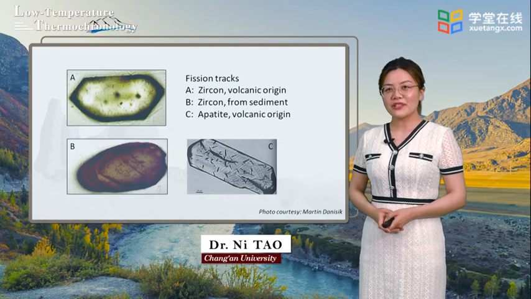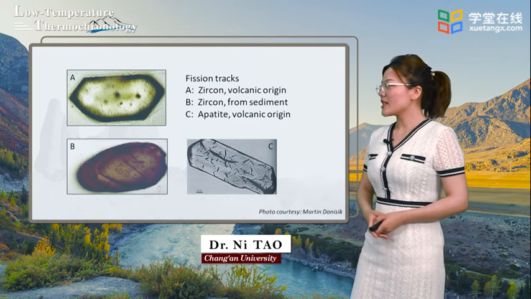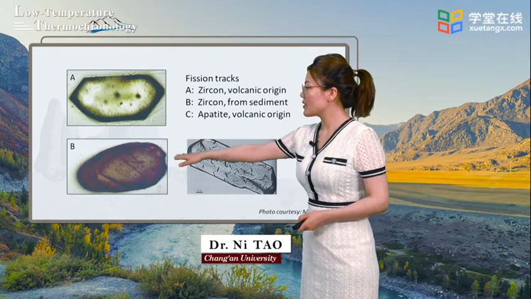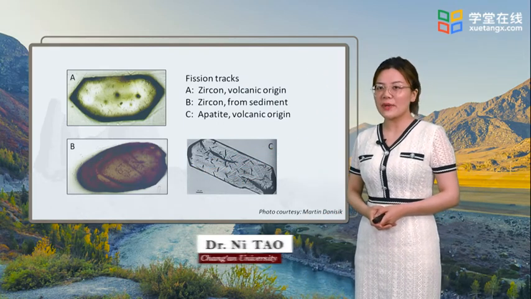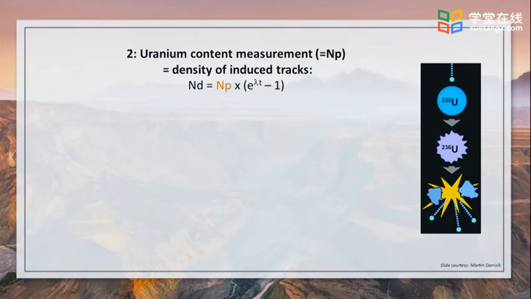As shown in the three pictures, fission tracks in different minerals appear quite different in terms of color, shape, and transparency. For the purpose of fission track dating, the concentration of uranium-238 in grains needs to be measured. The uranium-238 abundance is determined by, firstly, using a uranium-free mica as an external detector.